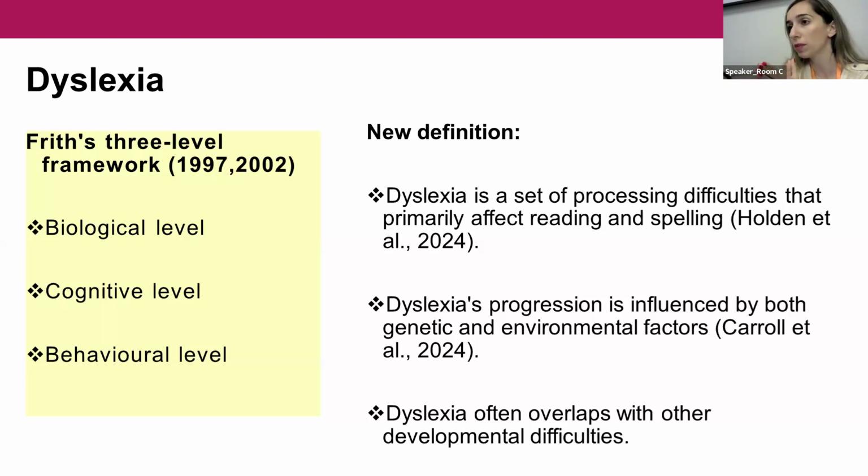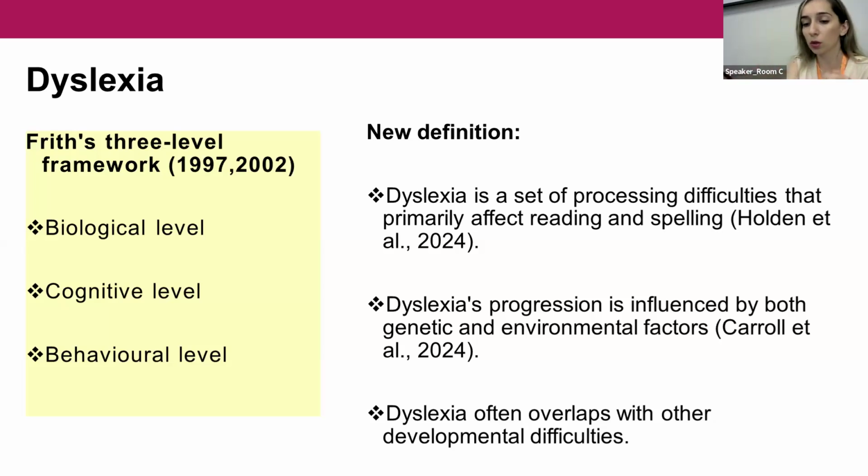The cognitive level is about the difficulties in working memory, slow processing, in phonological awareness. And the behavioral is about the spelling and the reading difficulties that the students face. As educators, we can intervene at the behavioral level and change our practices and change the way that we help students to approach knowledge.